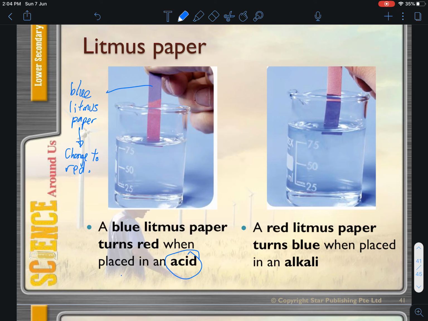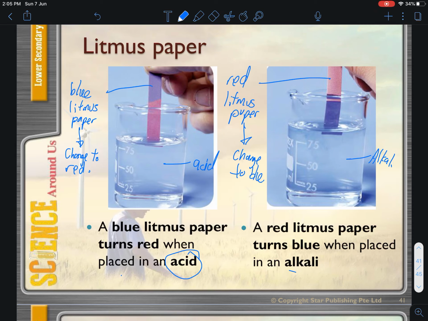Same thing, if you use a red litmus paper and put it into a solution that is alkali, this red litmus paper will change to blue, because it's an alkali.